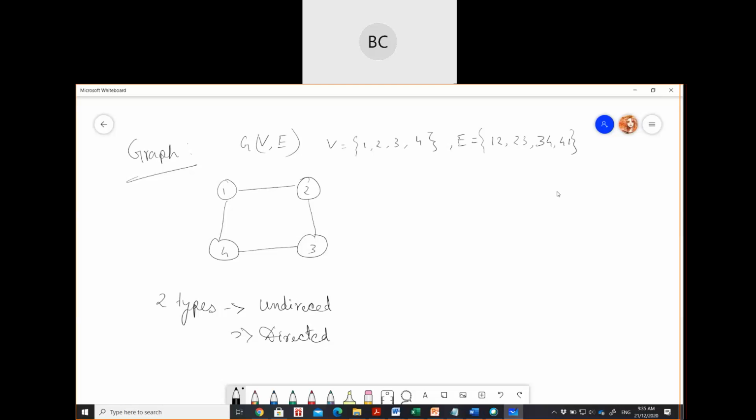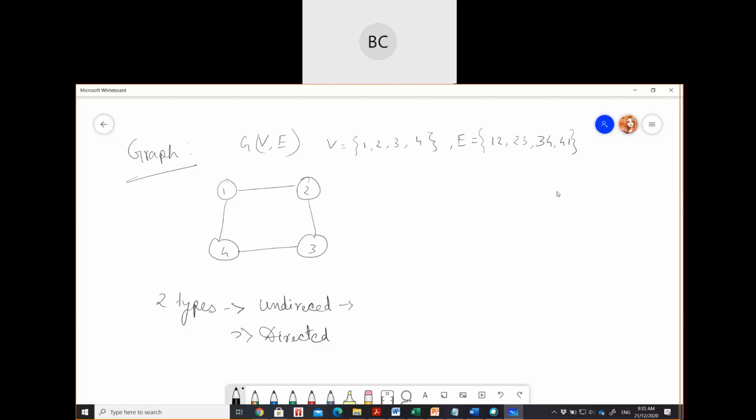Is this graph directed or undirected? An undirected graph is one where your edges do not point in any specific direction.